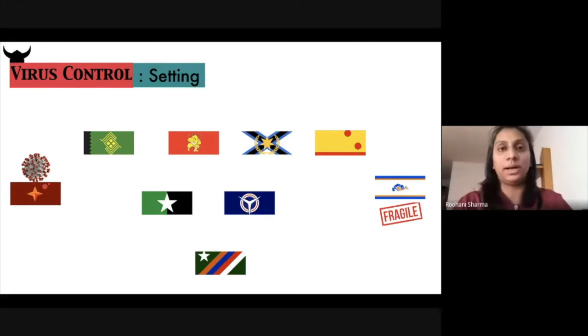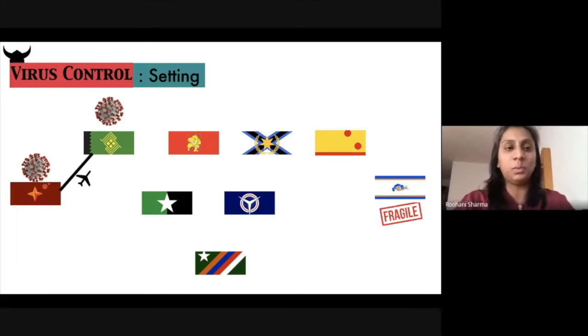And the way the virus spreads in our model is the following. Suppose this country has the virus, and if this country allows travel to, let's say, this green country, and allowing travel is represented by putting a line between these two countries. If the maroon country, the spreader country, allows travel to this green country, then since the maroon country had the virus, we assume that if this travel is allowed, the green country also gets the virus.